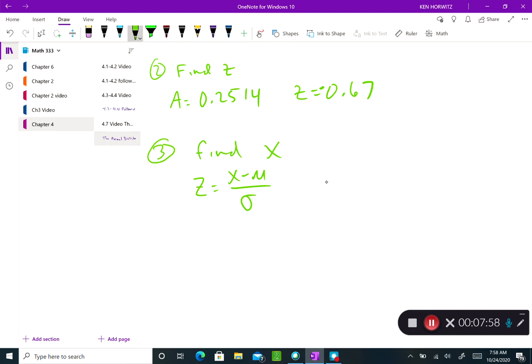So I'm going to say negative 0.67 equals x minus 170, which was our mu, over 30, which was our standard deviation. And now I'm going to ask you to pause the video and try to find x.